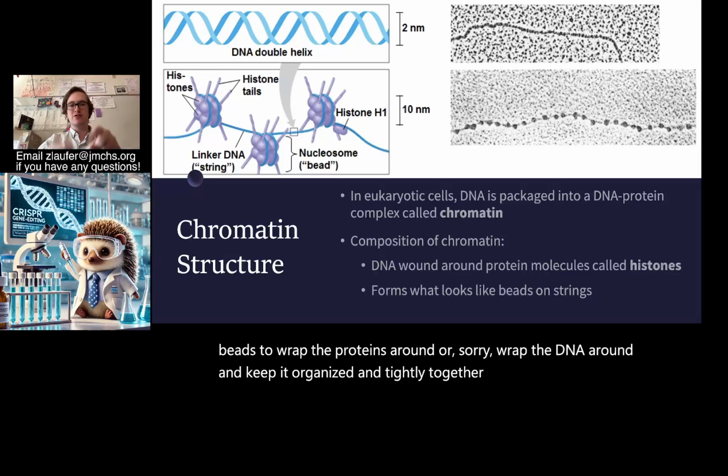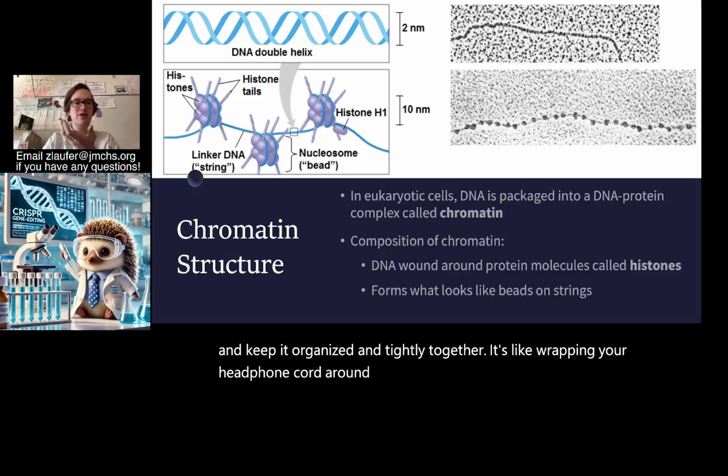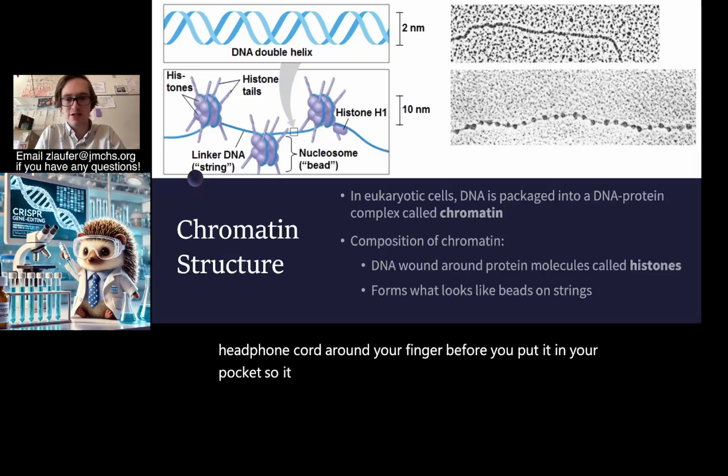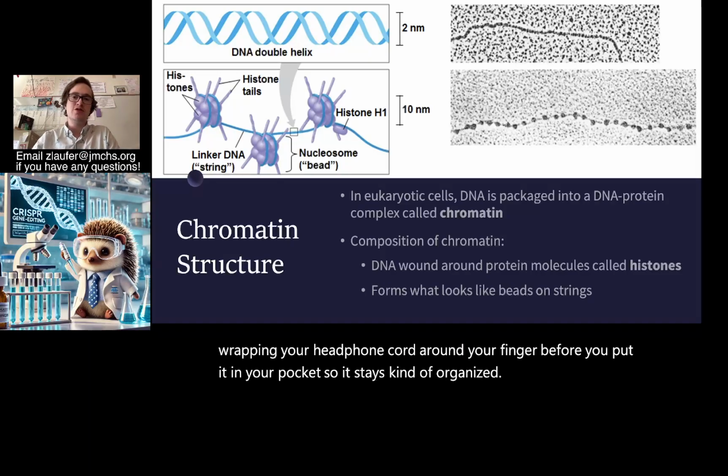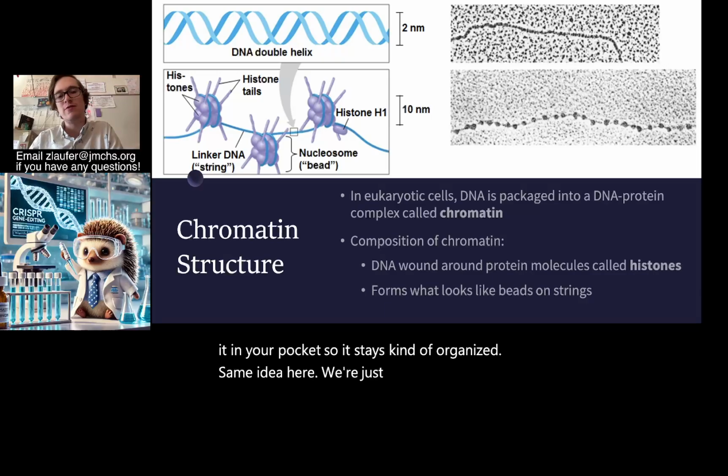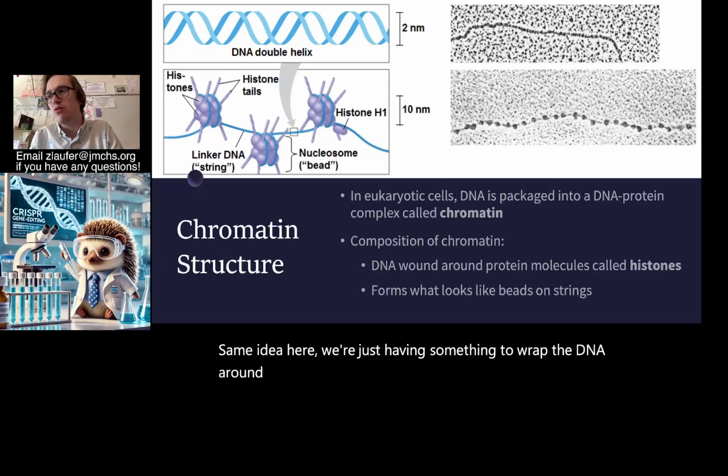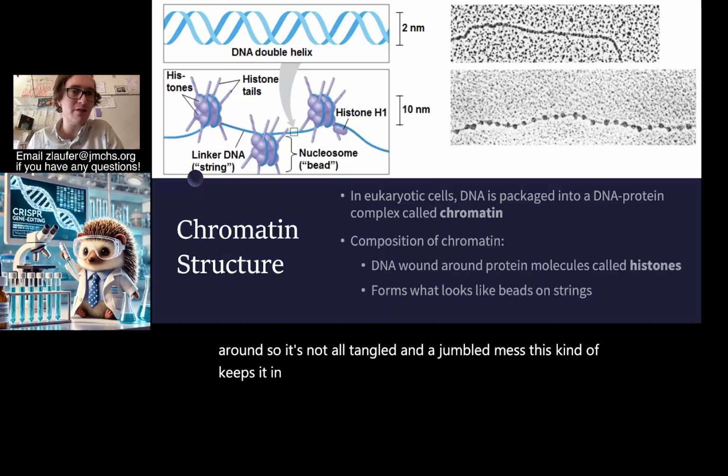It's like wrapping your headphone cord around your finger before you put it in your pocket so it stays kind of organized. Same idea here. We're just having something to wrap the DNA around so it's not all tangled and a jumbled mess. This kind of keeps it in one coherent string.